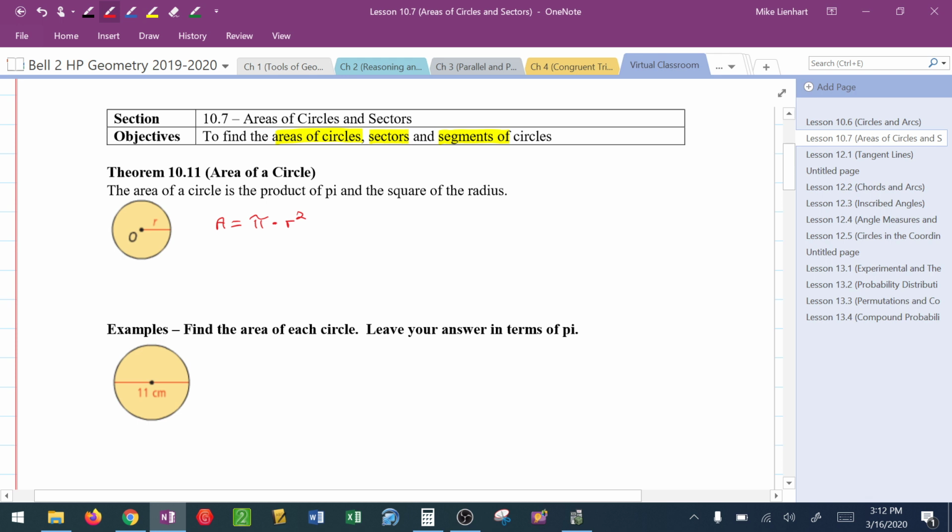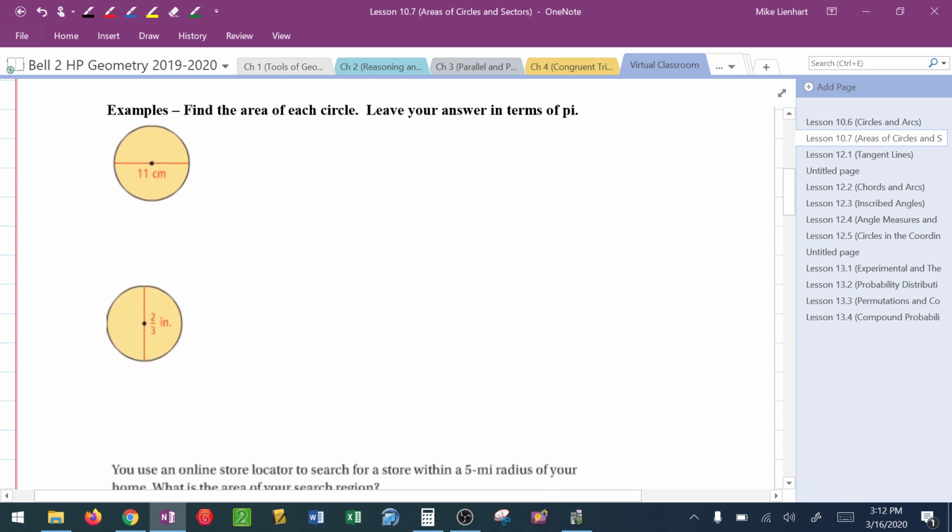Sometimes they're going to ask us to approximate the answer or round it. In that case, I'm either going to use the pi button on the calculator, or if they give me a specific decimal representation or fraction, 3.14, 22/7, I would use that. The key is, in order to find the area of a circle, I have to know the radius.